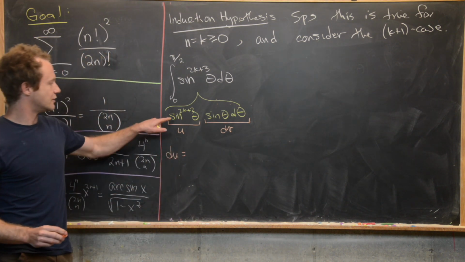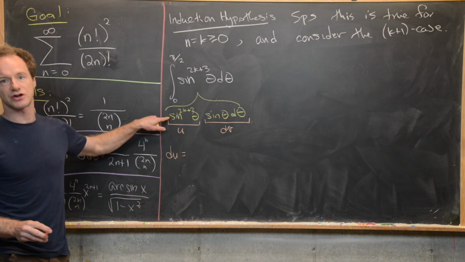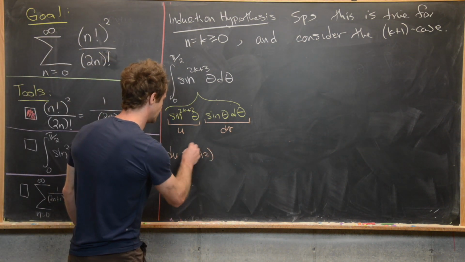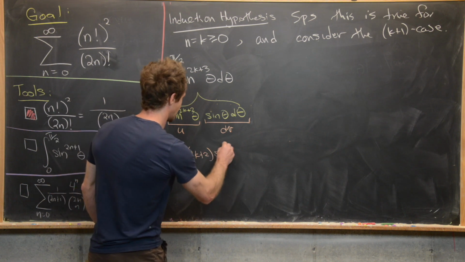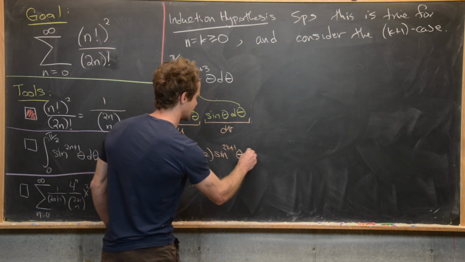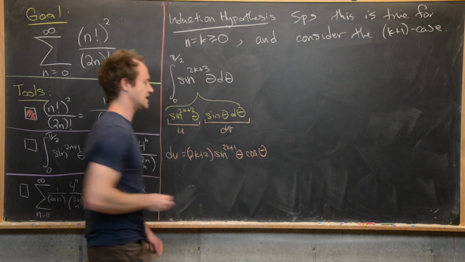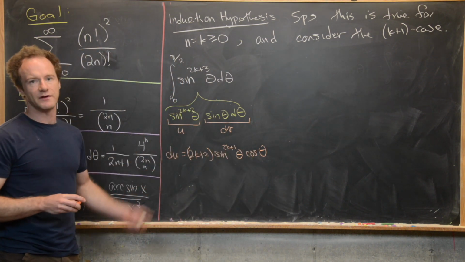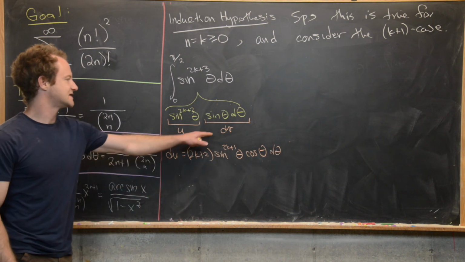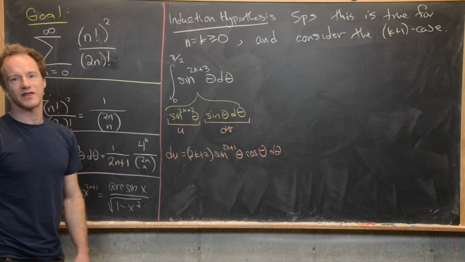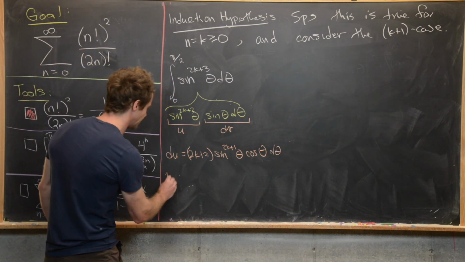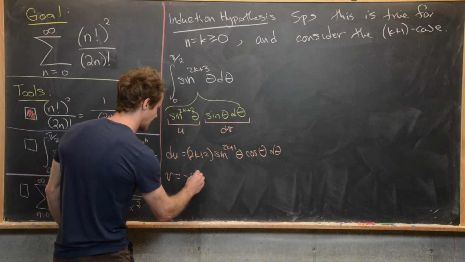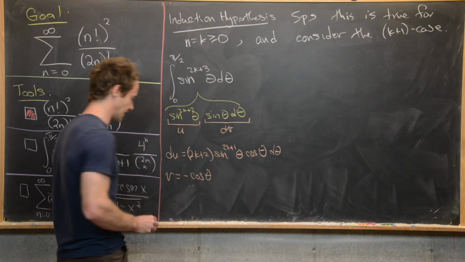So notice du, by taking the derivative of this term via the chain rule, we'll get 2k plus 2 times sine of 2k plus 1 theta times cosine of theta. Again, that cosine theta is because of the chain rule, recalling that the derivative of sine is cosine. And then since dv is equal to sine theta d theta, we see that v will be the antiderivative of sine, but the antiderivative of sine is minus cosine theta.